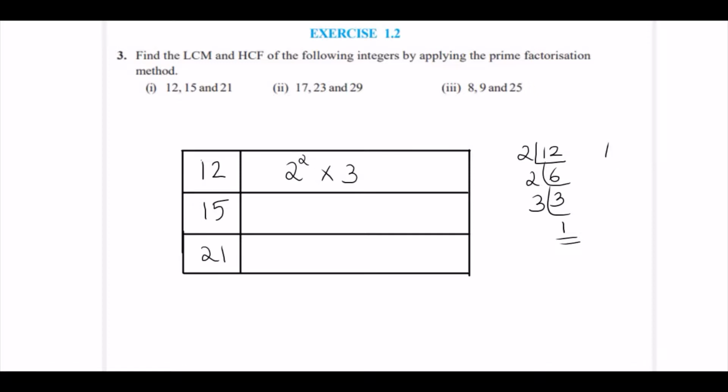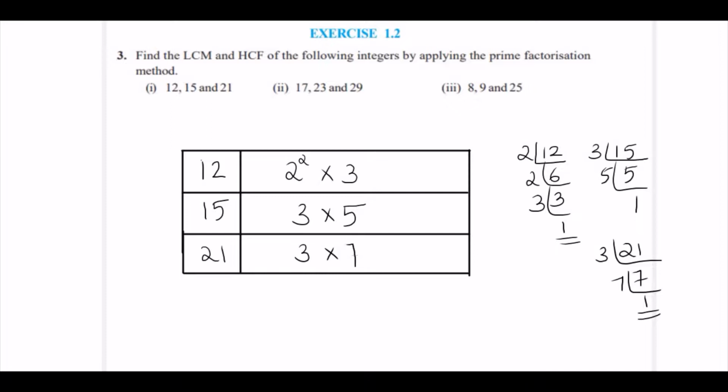Now take 15, 3 into 5, and 21, 3 into 7.